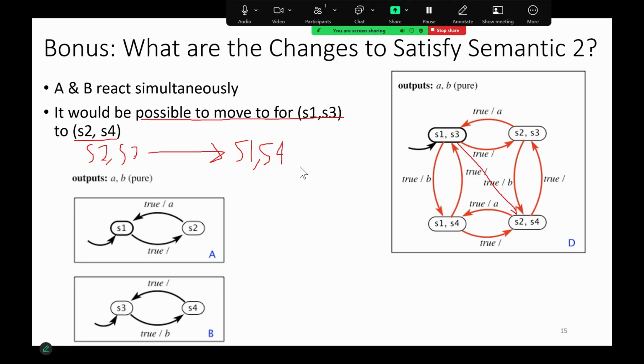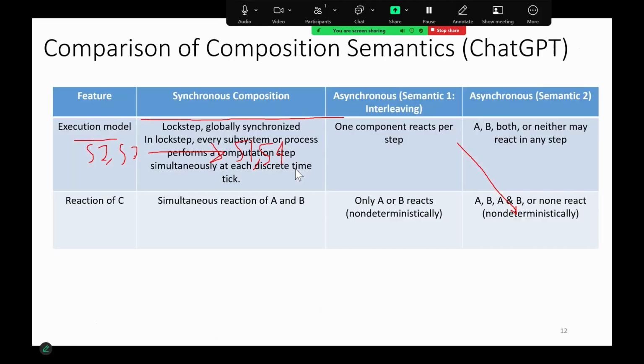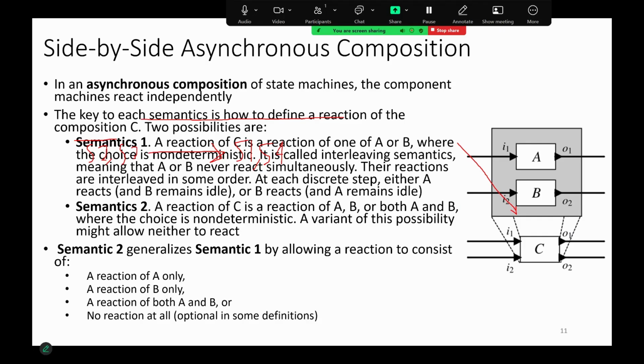Is it clear? If you remember the definition of semantic 2, it was A reacts, B reacts only, or both react only, or none reacts in optional cases. Optional in some definitions.